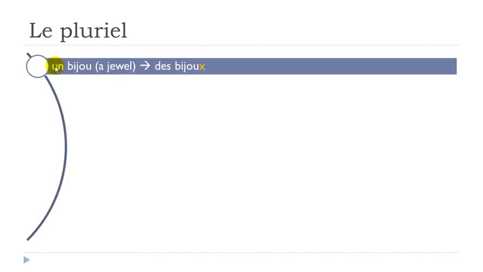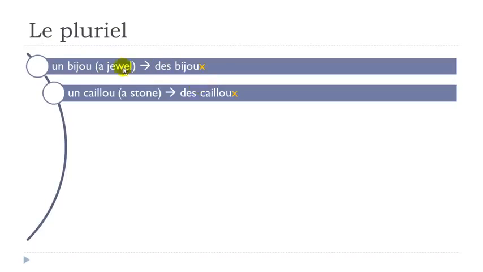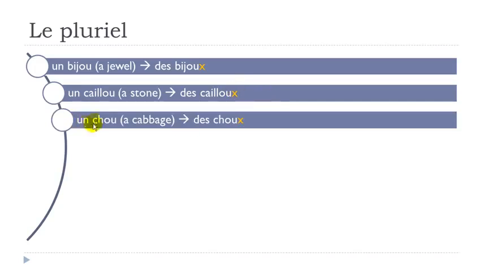So the first one, un bijou. I did put the translation here. Pluriel, des bijoux. Then, un caillou, plural, des cailloux. Remember, you don't pronounce the final x. Then, un chou. Remember, when you combine this c and h, you get the sound sh.